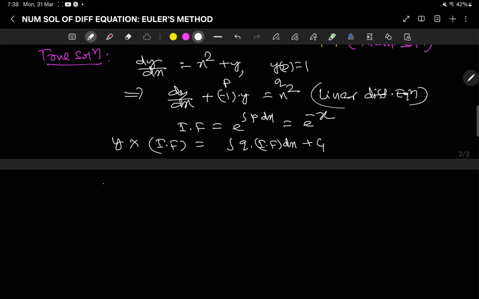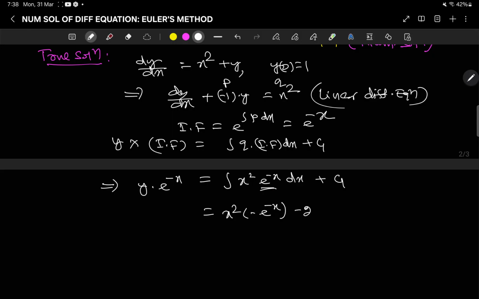So I write y into e to the power minus x is the integral of x square e to the power minus x dx plus c1. So this is equal to x square times minus e to the power minus x, minus 2x times the integration, which is e to the power minus x, plus 2 times minus e to the power minus x, plus some c1.